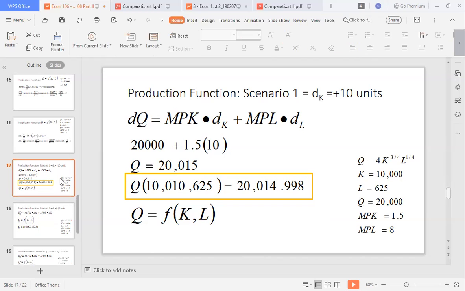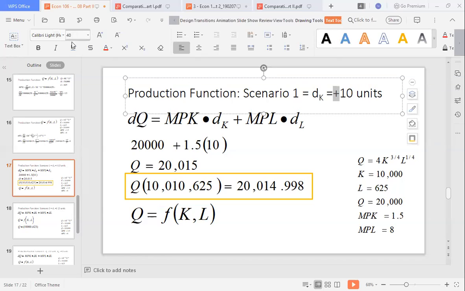Okay. So in this first scenario, I mentioned earlier, class, that we'll work on 3 scenarios. So scenario 1 is we're only allowing capital to change here and labor is constant. So in this case, class, scenario 1 is we've allowed an increase in K of 10 units.